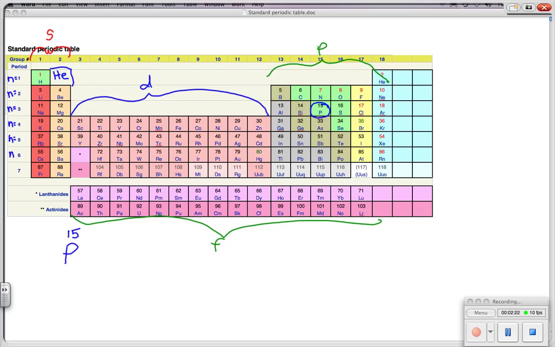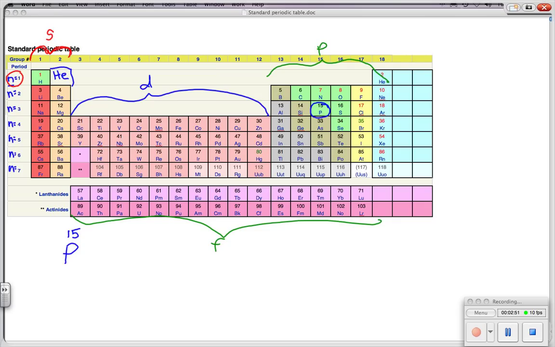Now, the principal energy level also defines the number of sublevels. So the number of sublevels equals the value of the principal energy level, meaning principal energy level 1 right here has one sublevel, and that's the S sublevel.